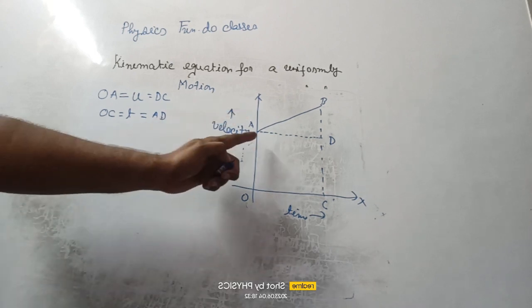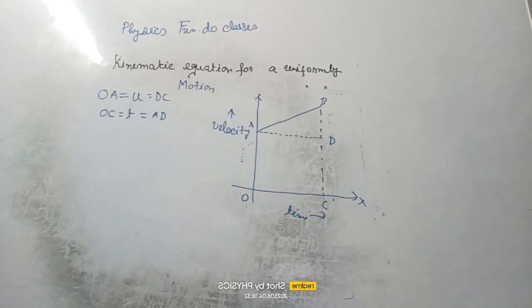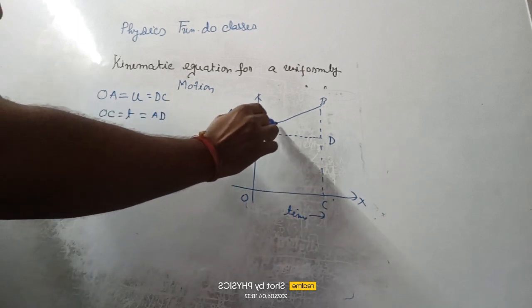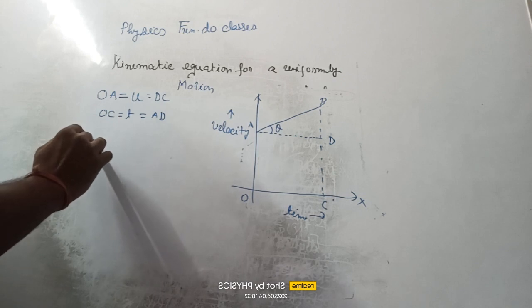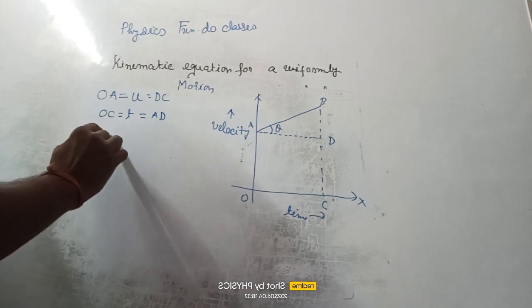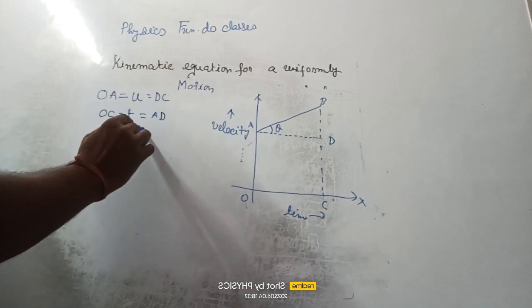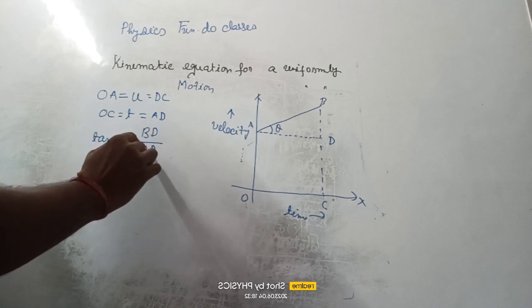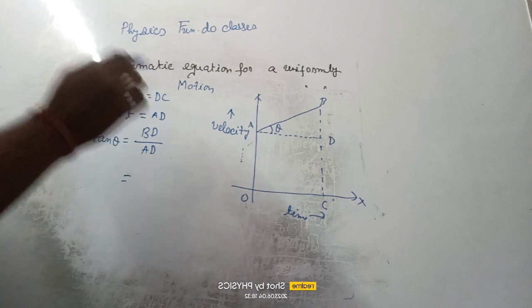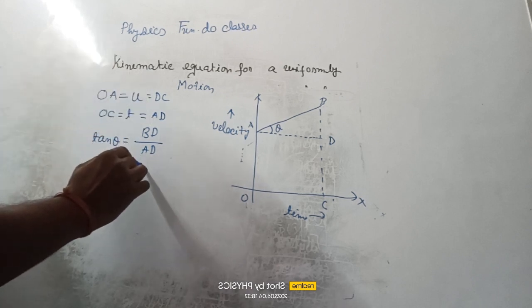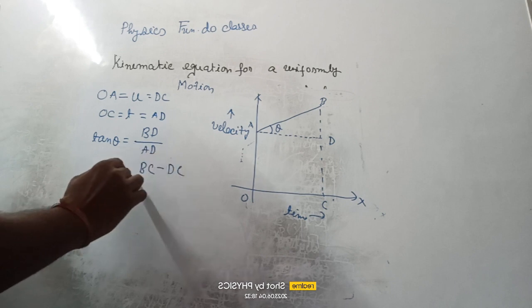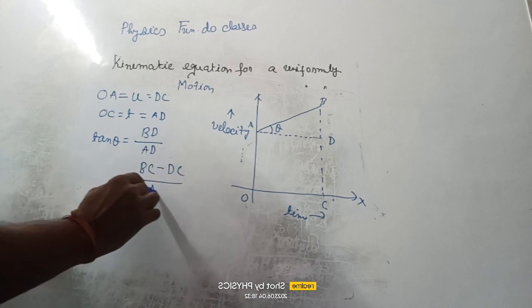Now this is the uniformly accelerated motion. We have to find tan theta for that. Tan theta is equal to, from that graph, BD by AD. Now BD can be written as BC minus DC, by AD.